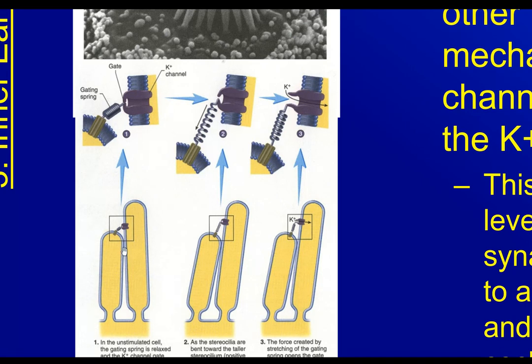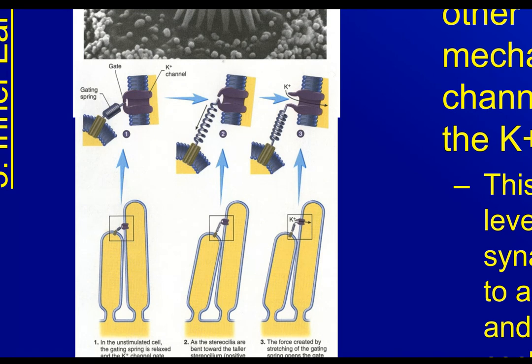Now here's the dealio. When you bend these hairs toward the tall hair, these channels that are actually bound together from hair to hair open, and it's a physical movement of bending the hair that causes these channels to open. Now, once the channels open, ions can move into the cell.